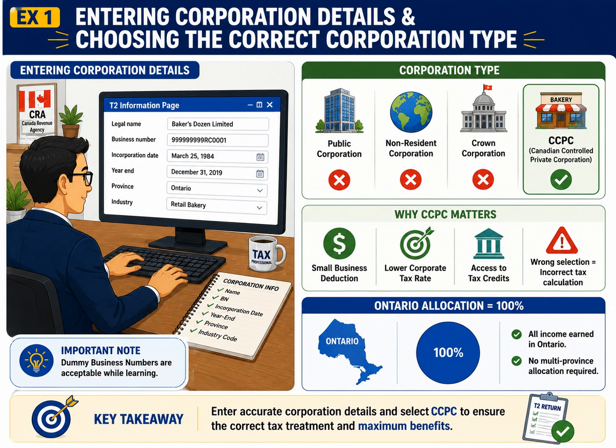The key lesson from this slide is that accurate corporation information and the correct corporation classification form the foundation for every tax calculation that follows. Taking the time to verify these details at the beginning helps ensure that the rest of the T2 return is prepared accurately, and that the corporation receives all the tax benefits it is entitled to.